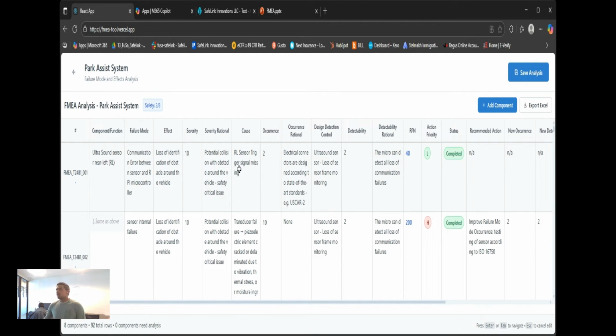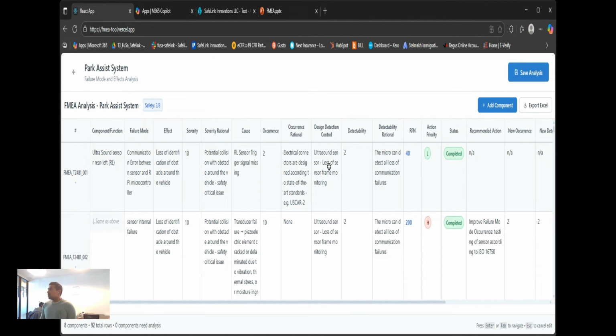The cause of the error is some kind of a communication interface between the microcontroller and the sensor that is lost. We say that the occurrence is very low if we have some design prevention measures. For example, in this case, electrical connectors are designed according to some state of the art standards. So we can say they're very durable, these connections will not be damaged throughout the life cycle of the project.